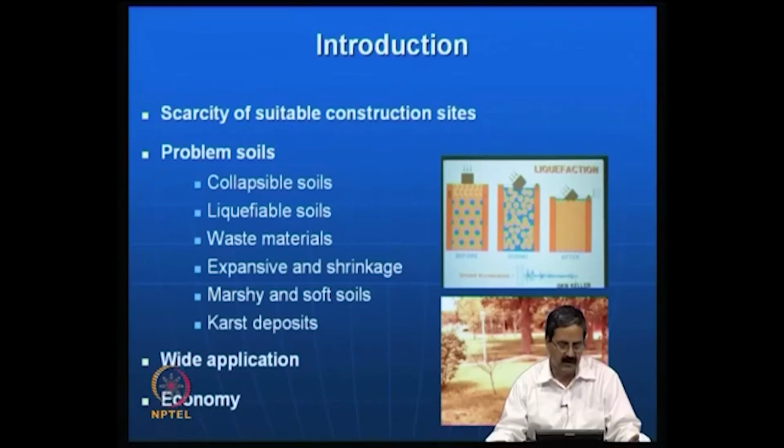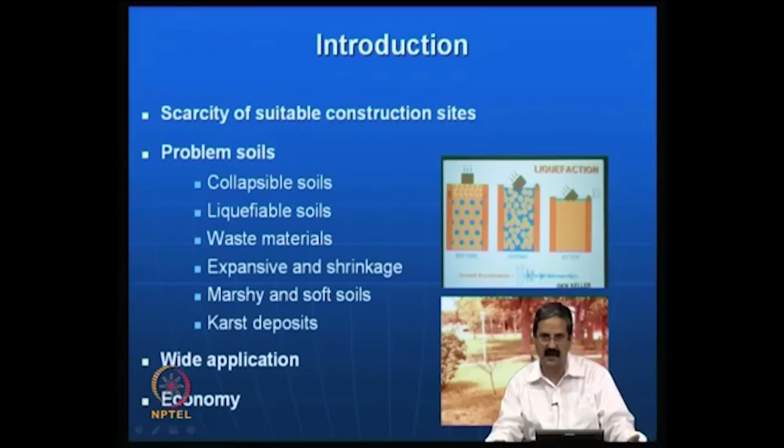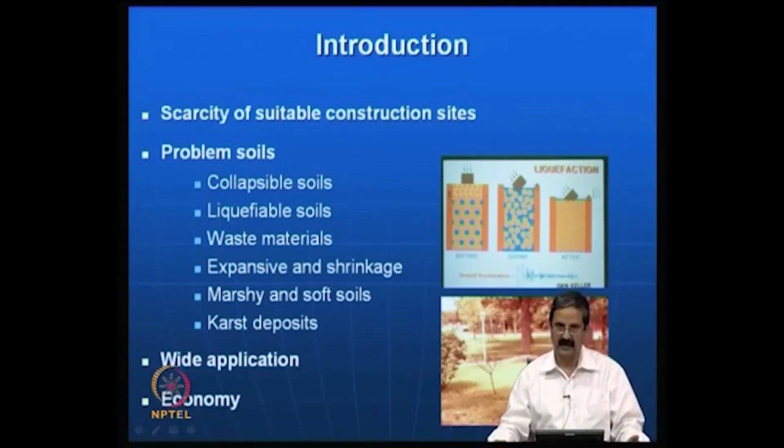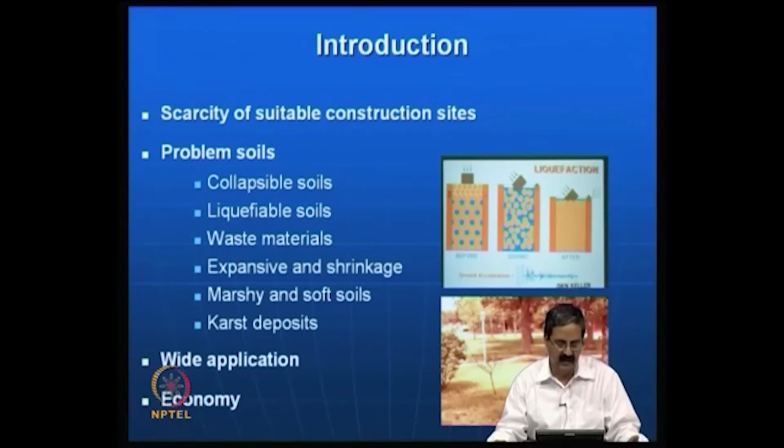You have another type, what are called expansive soils, which I can show you in the figure here. These expansive soils are quite common in many areas, particularly in the Deccan Plateau and in some parts of Andhra Pradesh, where the soils have a tendency to swell, meaning they take a lot of water, and then when you remove all the water, they go to a minimum volume.